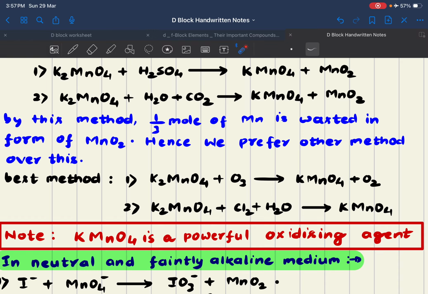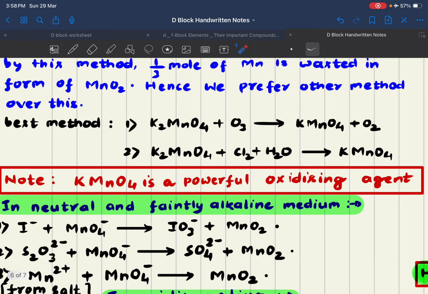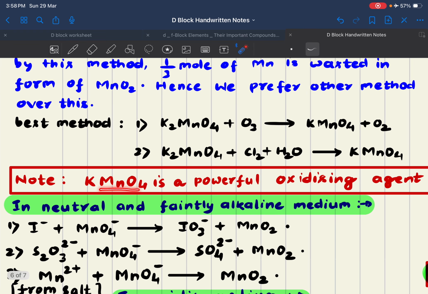So I have tried to summarize the whole thing. Whichever reactions are important, whatever things are important, I have added up. So kindly memorize and try to solve the questions. Moving ahead, potassium permanganate is a powerful oxidizing agent that we know. Manganese here is at +7 oxidation state.